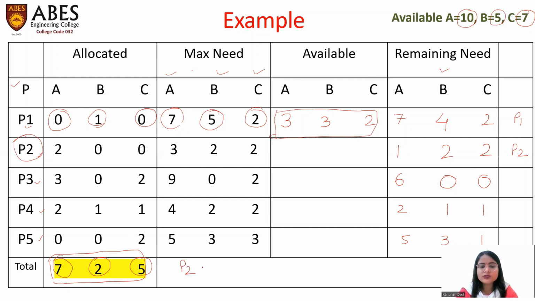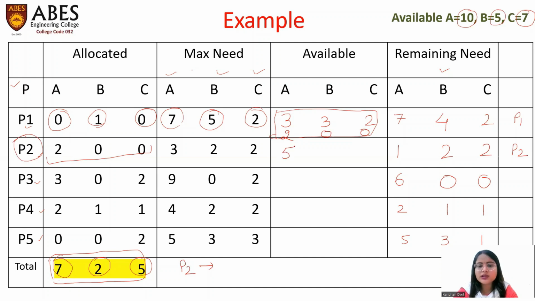Now 3, 3, 2 was the available amount of resource, and 2, 0, 0 will be free after the completion of execution of P2. So these will be added to the available amount of resources.